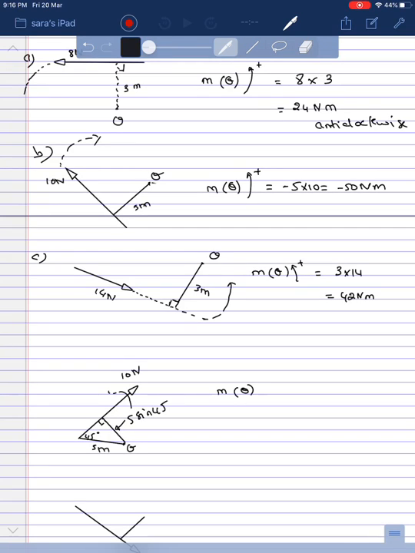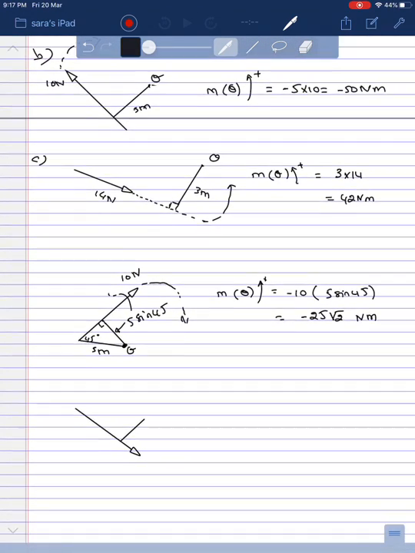If you stand at O and push this force towards O in the same direction as the arrow, you will see that it will be going clockwise. So if I take anti-clockwise to be my positive direction, my answer in this case will be negative. Negative 10 times 5 sine 45, which will give me minus 25 square root of 2 Newton meter.